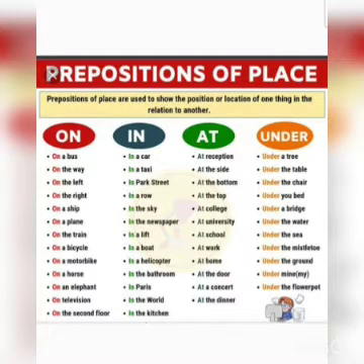Examples: on a bus, on the way, on the left, in a car, in a taxi, in a park, in a row, at a reception, at the side, at the bottom, under a tree, under the table, under the chair, under your bed. We have many examples here. You need to read them all. Okay.